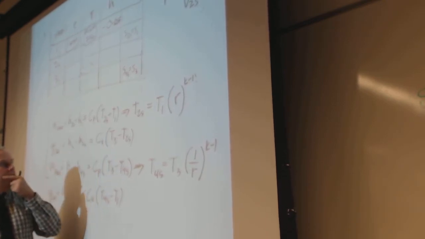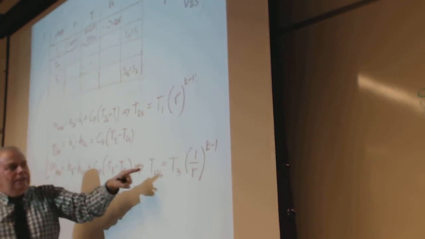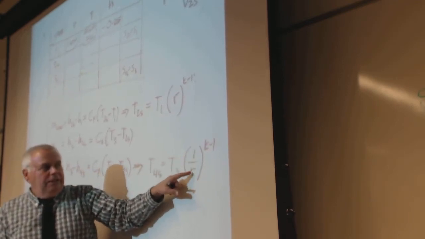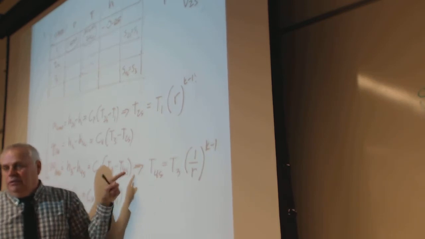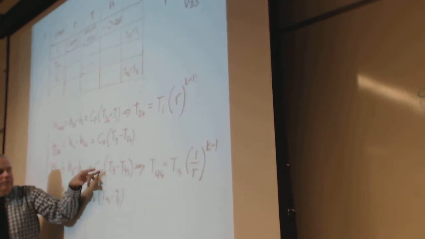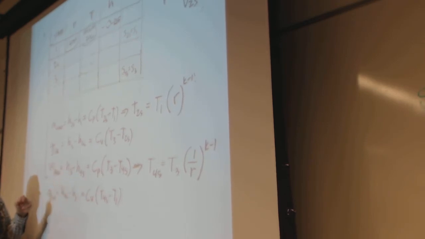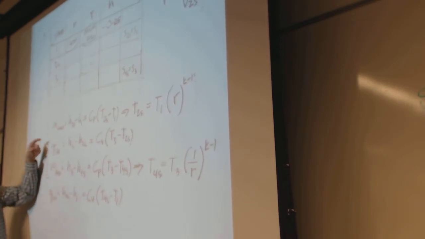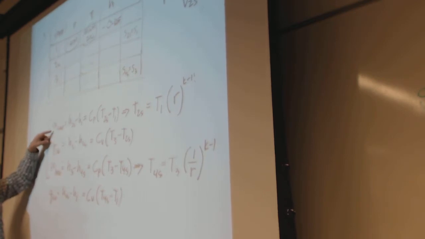Now we got T3. If we have T3, we put in the expansion ratio and we get the T4. And with C sub P, we get the amount of work done. We know the difference between these two values. That's the net work.